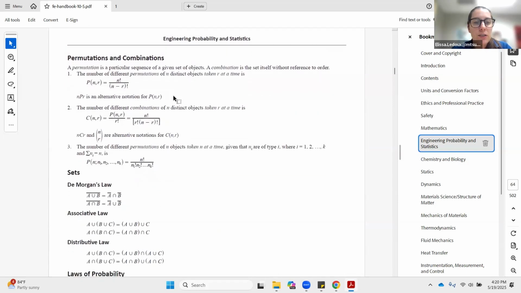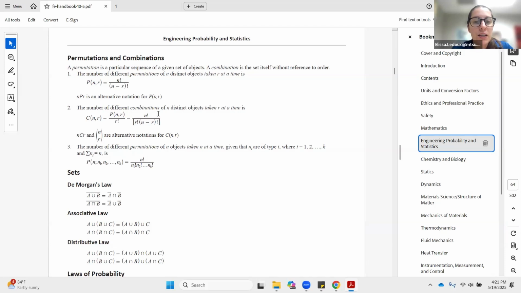Permutations and combinations are often used with problems like drawing different colors of marbles or rolling dice. Those are common situations of a problem. Basically the permutation is how many different objects at different times could you have.